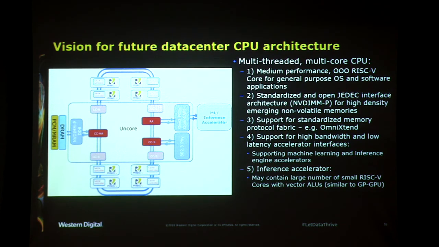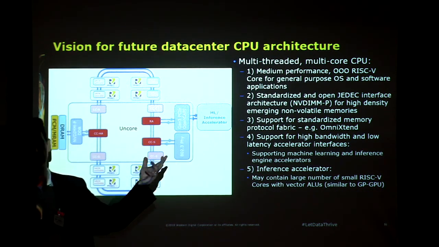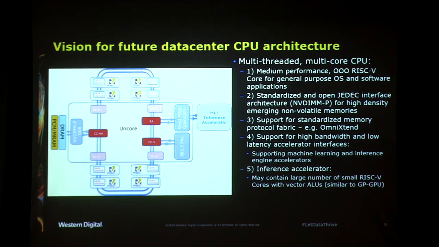So the take home for this chart is there is a new class of device, dedicated to machine learning and neural network inferencing, and it needs its own interface to the CPU. And in some cases it wants to be smart, like wants to access memory coherently, but that's the device that's doing the compute.